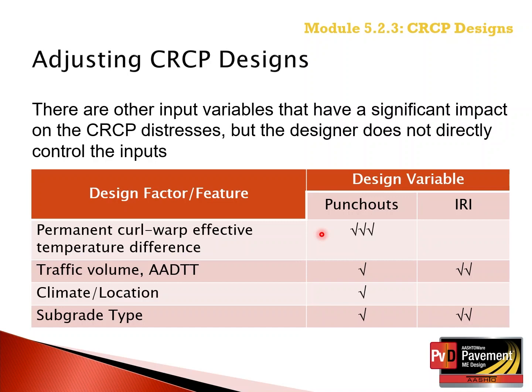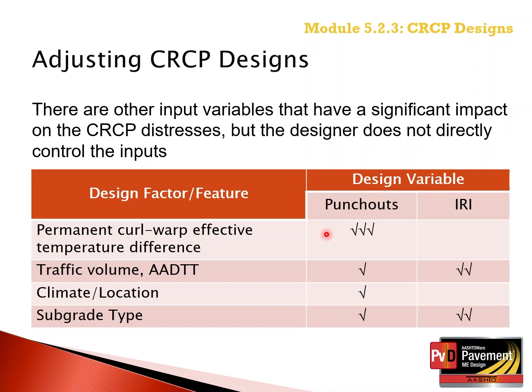The lower the temperature difference, the lower the number of punch-outs. However, the designer generally does not control this variable, with the exception of some design-build projects defining whether it's nighttime or daytime construction, where the temperature difference is trying to be controlled.